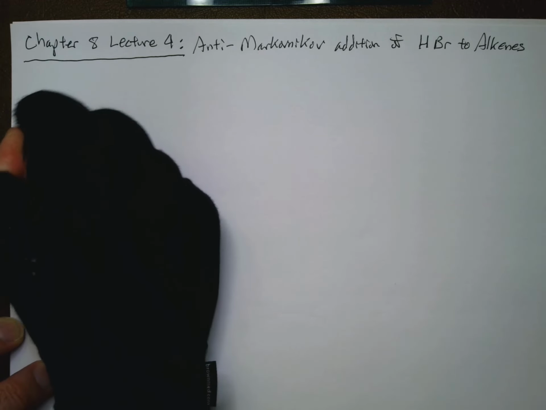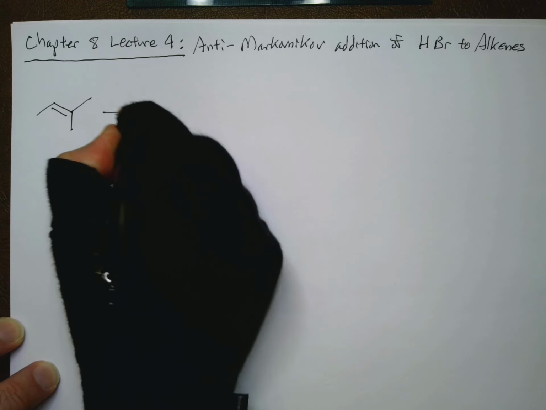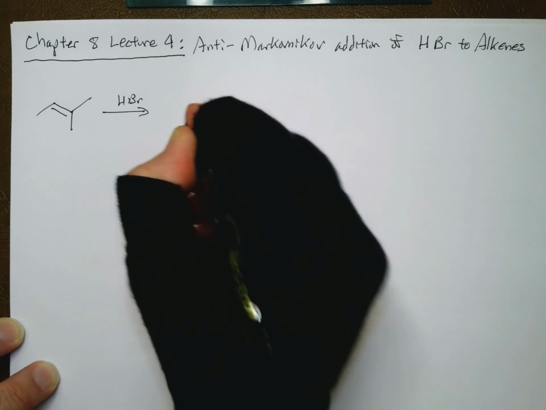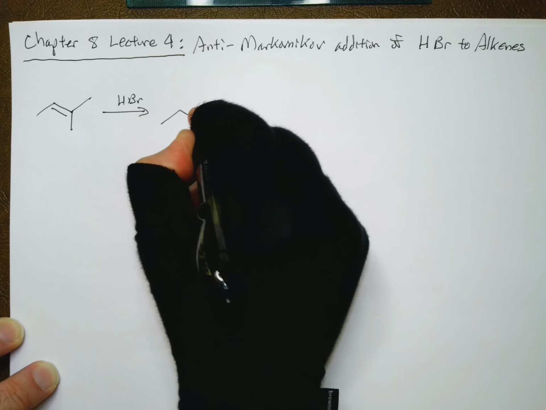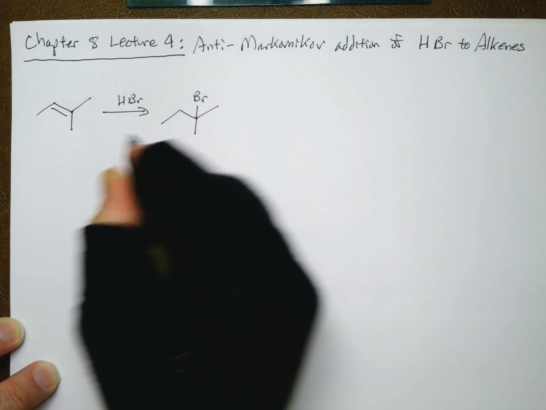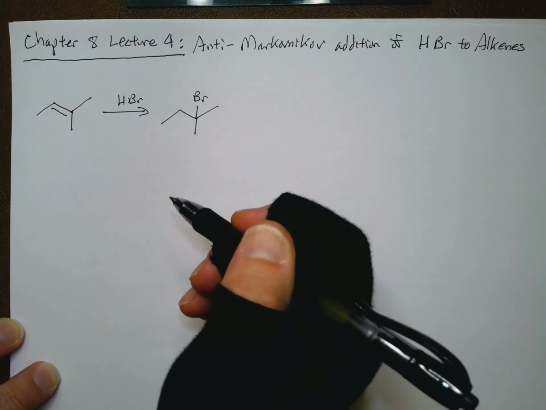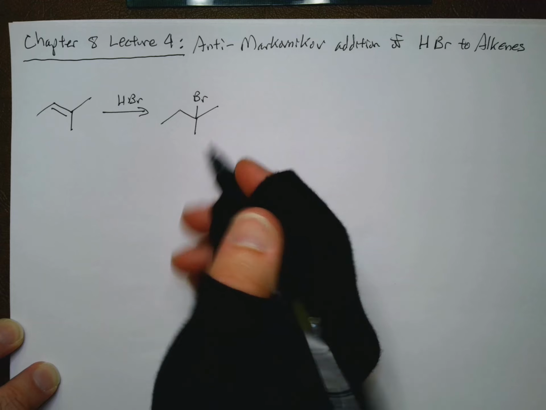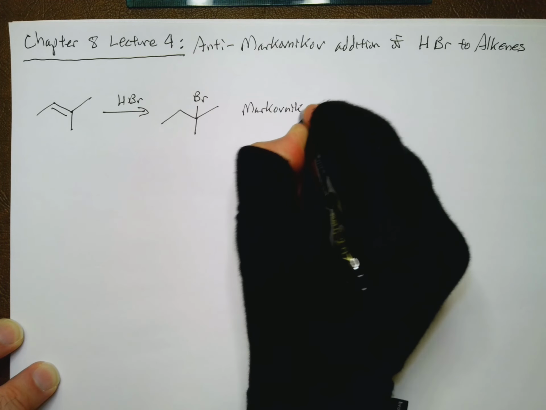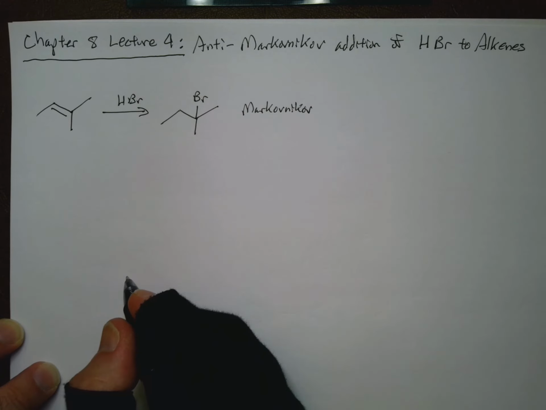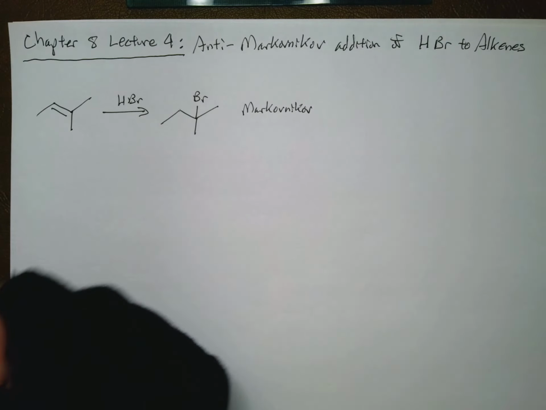So normally we've seen that if we just add HBr to an alkene, we get bromine adding to the more substituted carbon, the hydrogen adding to the less substituted carbon. And this, of course, is a Markovnikov reaction. We get the Markovnikov product. That's our regiochemistry.